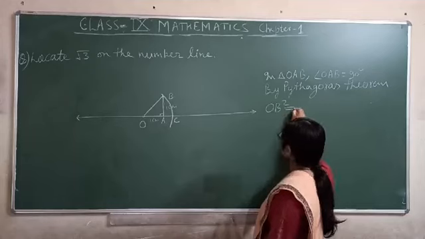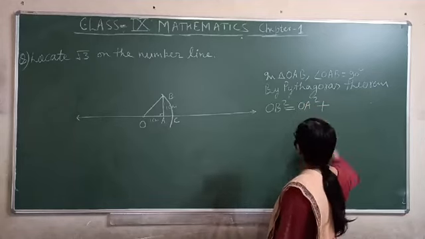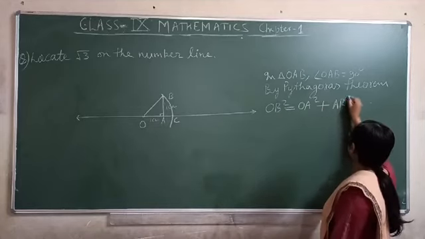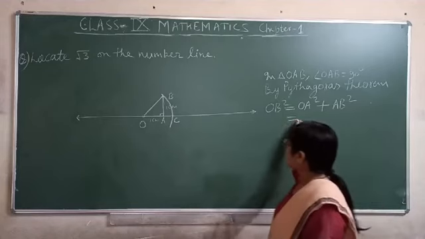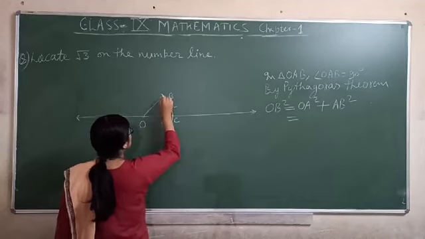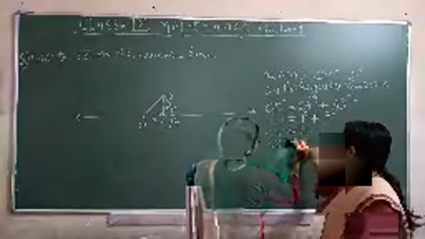Hypotenuse square equals base square OA square plus AB square. OA you have taken 1 unit and AB also 1, so 1 square plus 1 square equals 2.